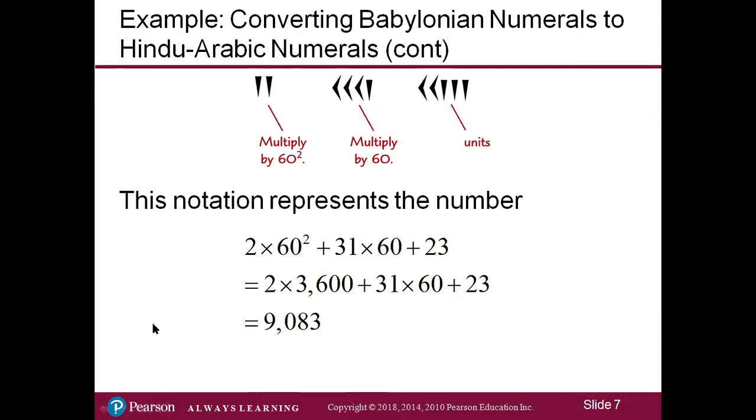The notation represents the number 2 times 60 squared, 31 times 60, and 23 all summed together. 60 squared is 3,600. So we have 2 times 3,600 plus 31 times 60 plus 23 for a total value of 9,083.